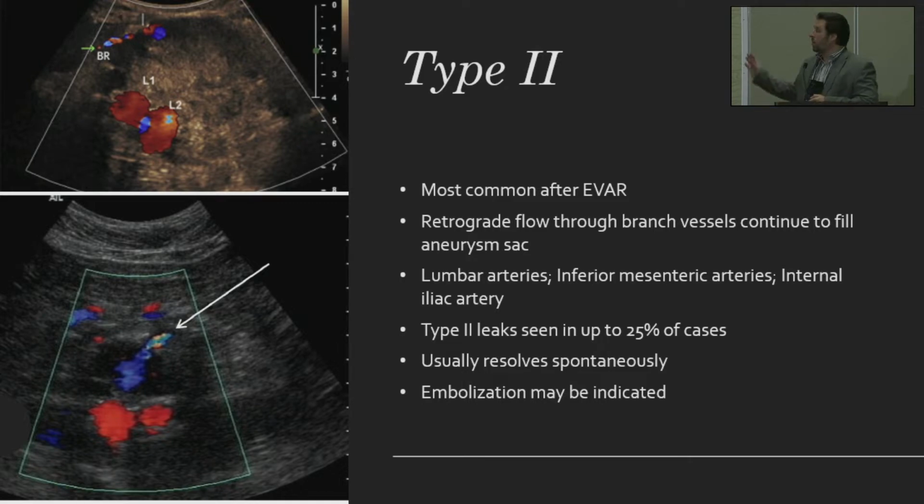And when we look at these endografts, when we're doing the aortas, it's important to take our time to set the sensitivity of the machine as low as it will go, because some of these are small amounts of leak, small flow, and we will see subtle changes over time.